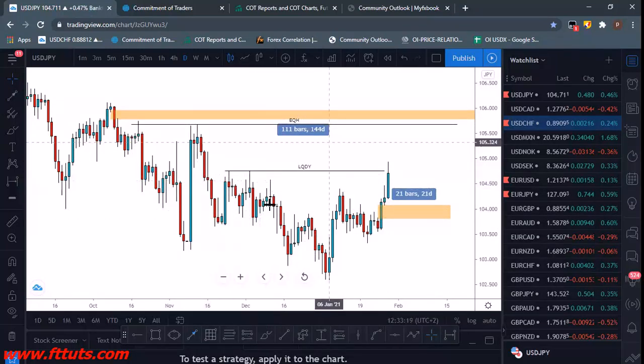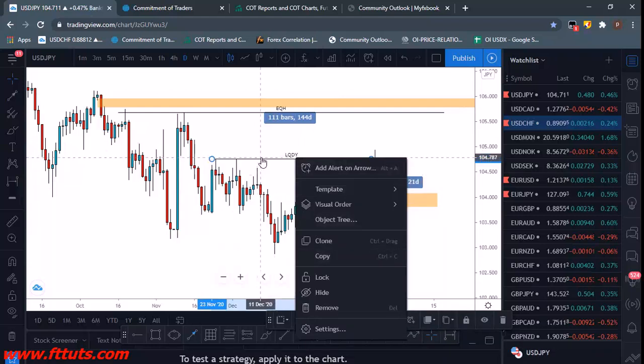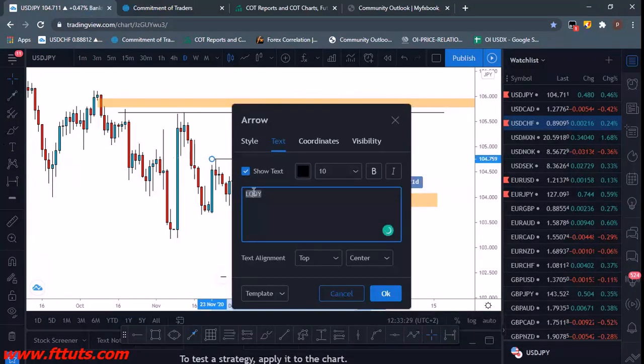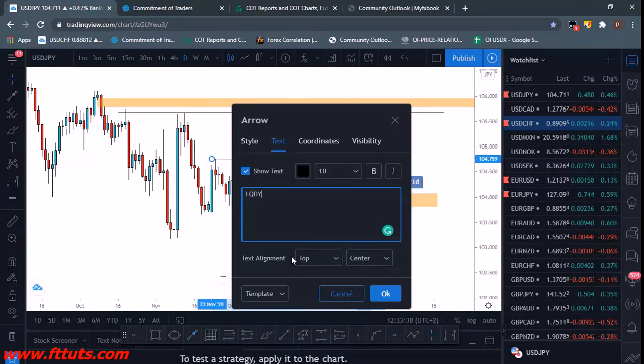So you are learning these levels, okay? If you want to name it, this one I already named, but you can see LQDY. When you save it as a template, if it's for the high, you can just put high LQDY, and you can put it on the bottom, center, middle, left, right, so you can play around with these things. I will also send you these things on how you can put them.